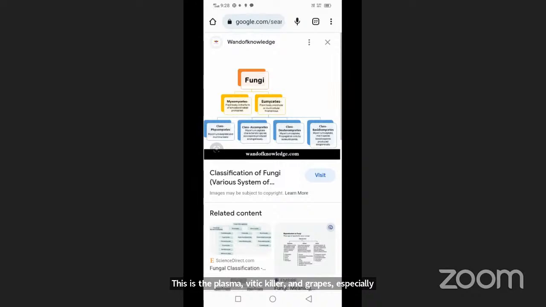Some can produce some vitamins, some amino acids, and organic acids also. A number of fungal members can produce these. Next one is the deterioration of wood, especially by Polyporus. Polyporus participates in the deterioration of wood, mainly the secondary xylem of tree species, which is used for construction. A number of fungi belong to Polyporus and Ganoderma.